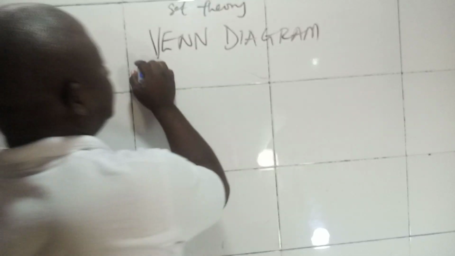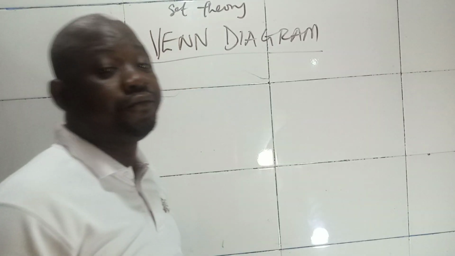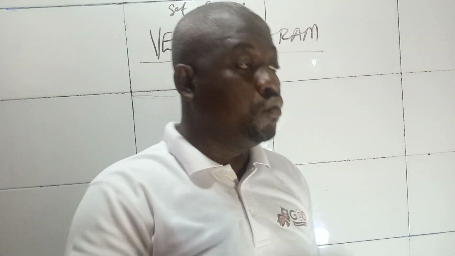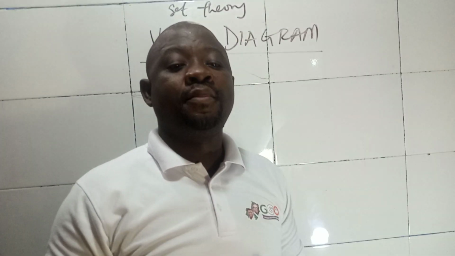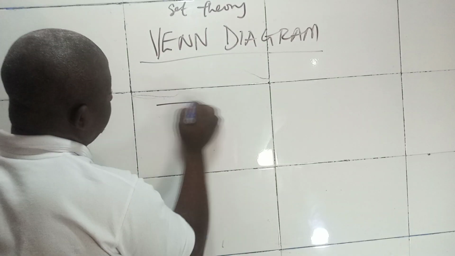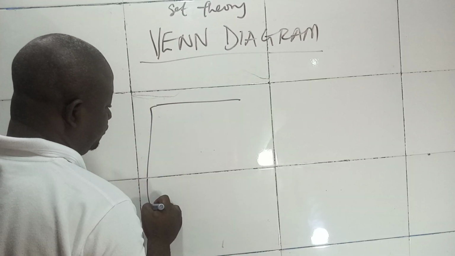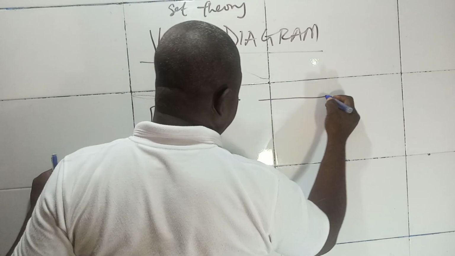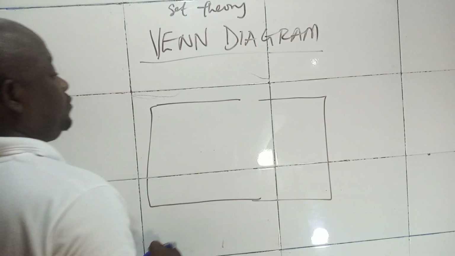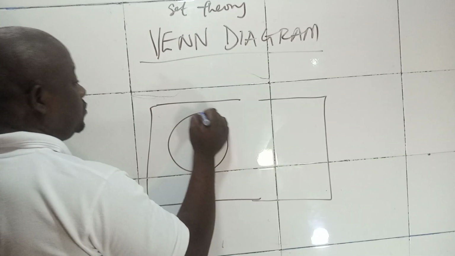So Mr. Venn made use of two shapes to explain the Venn diagram: a rectangle and a circle.